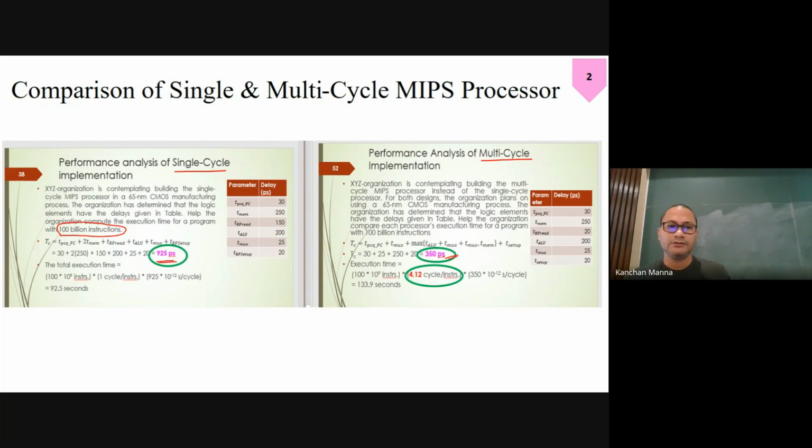Sorry, this is the clock period, and this is the time. You can see here the CPI is 1, however here the CPI is more. So now we want to build a processor whose CPI would be 1, and whose clock period would be lesser than the single-cycle one.